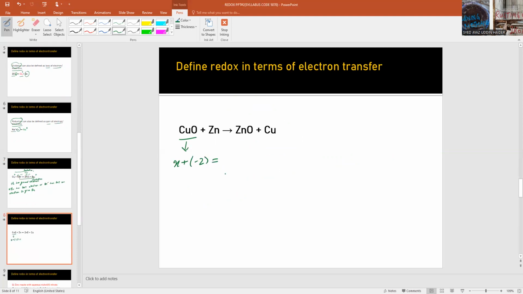The whole compound does not carry any charge, so I will write 0 here. X minus 2 is equal to 0. X minus 2 plus 2, 0 plus 2. So the charge on Cu is +2.